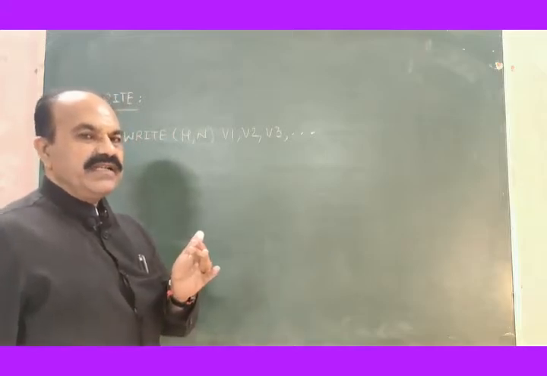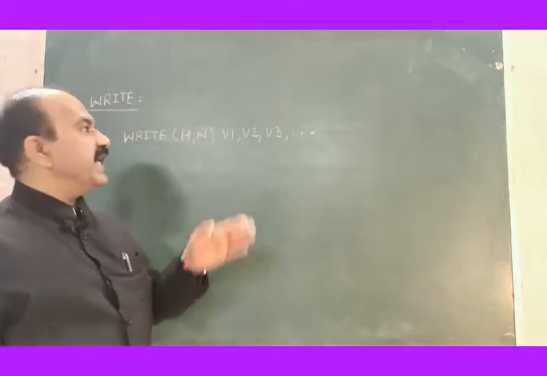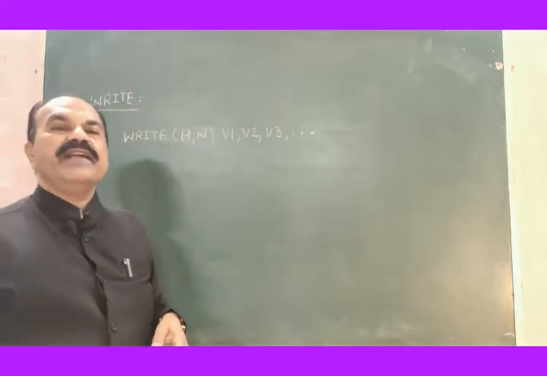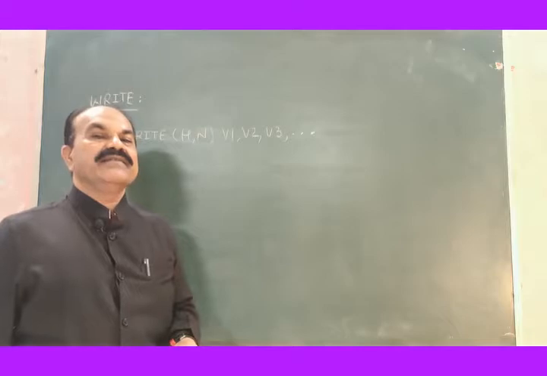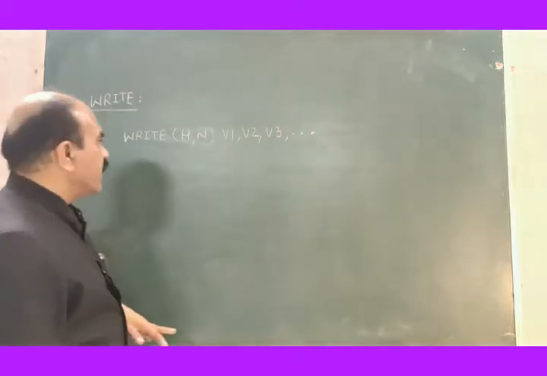So let us try to discuss few examples for a write statement so that use of a write statement will be more clear and we can use this in our Fortran program.